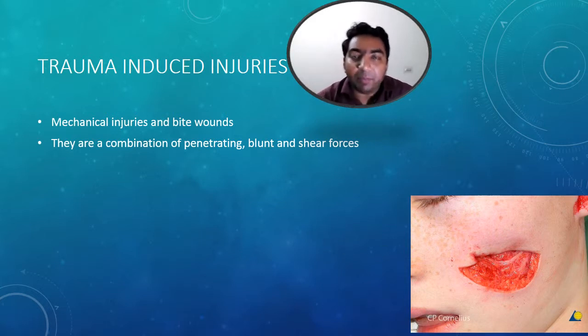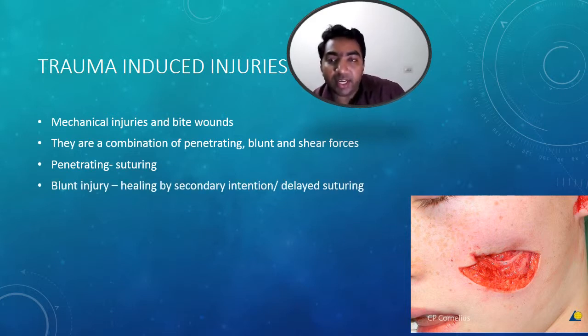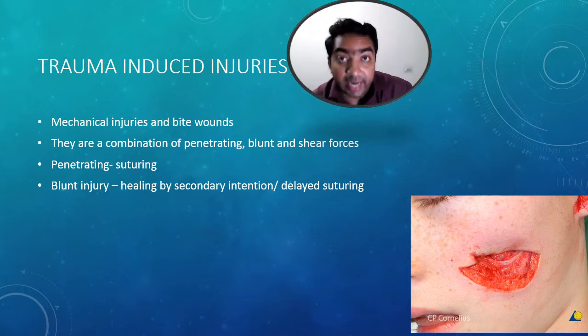Now, the penetrating part is mainly dealt with suturing. If the component is mainly the penetrating component, it is dealt with suturing. Suppose the blunt injury is the predominant component in the wound, the healing is either by secondary intention, or we will wait and do wound debridement and then go for a delayed suturing.